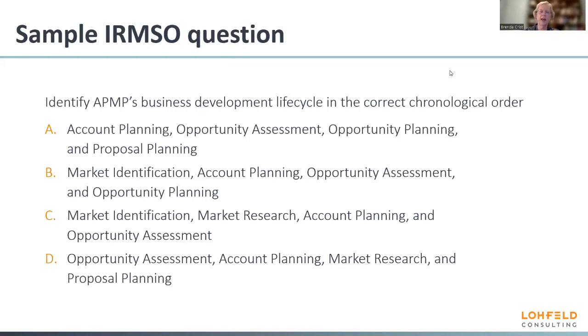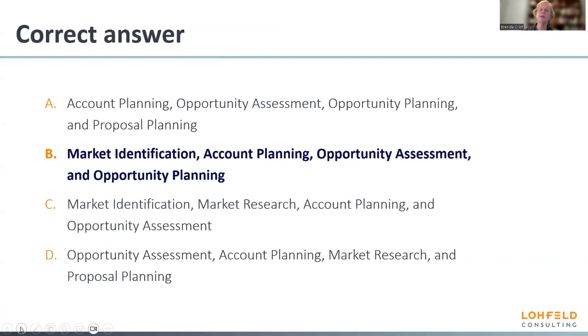You'll see that APMP asks a lot of questions that test your knowledge of chronological order and what goes first, what goes next. All right, let's go to the answer here. The correct answer is B, market identification, account planning, opportunity assessment, and opportunity planning.